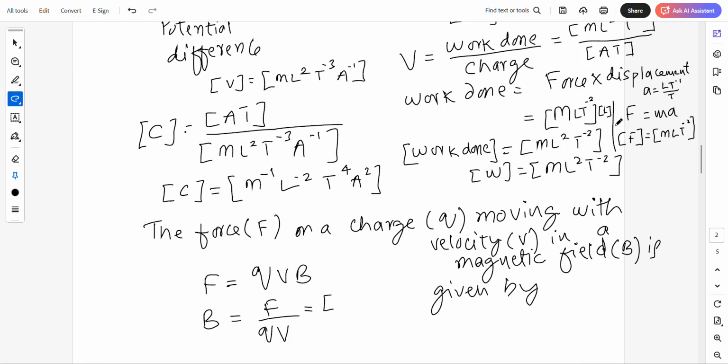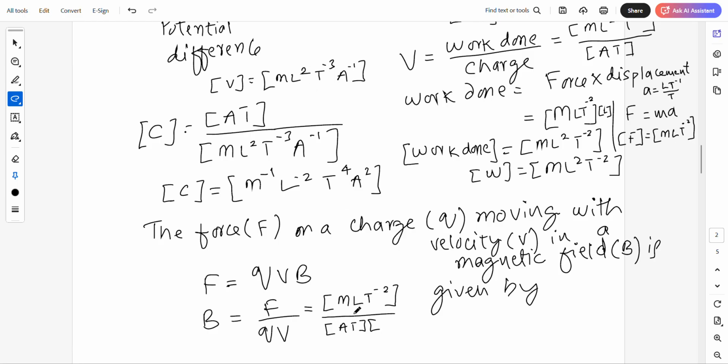Force is M L T to the power of minus 2, because mass into acceleration, divided by charge, which is current into time, A into T. Dimensions of V just now we calculated.